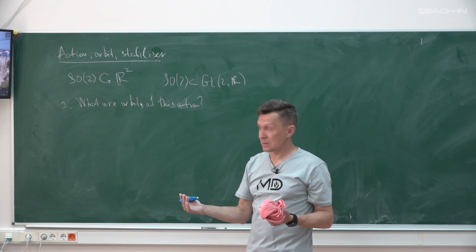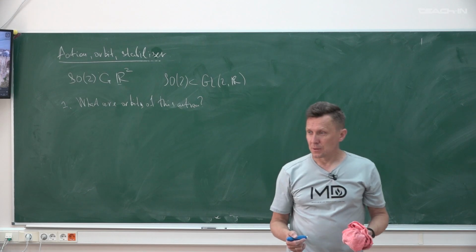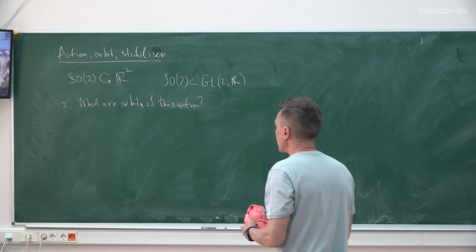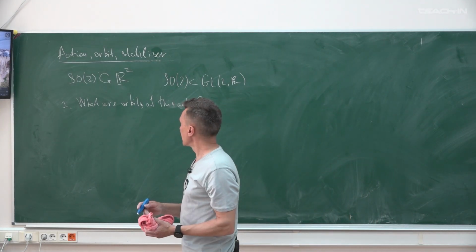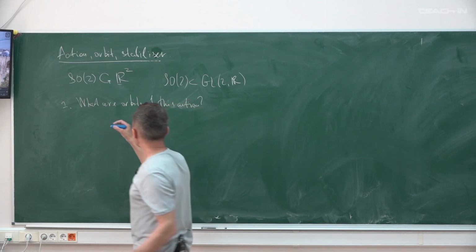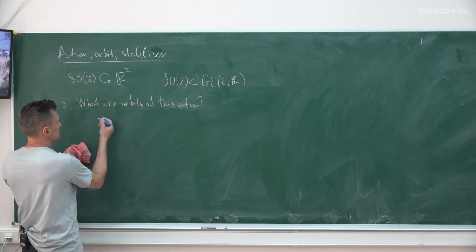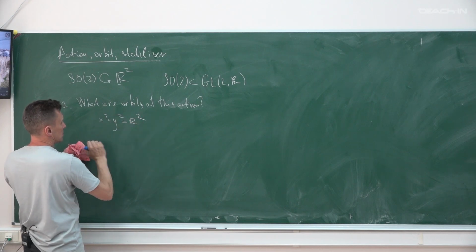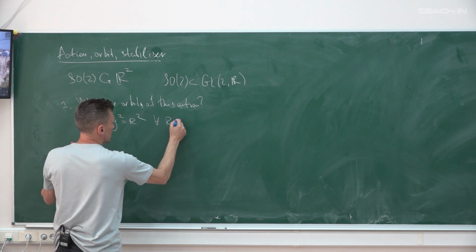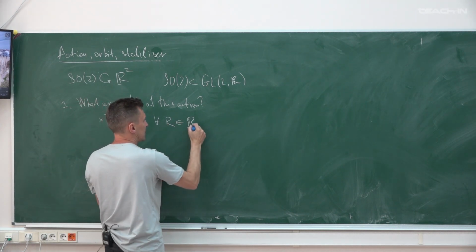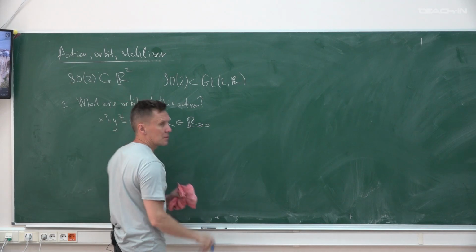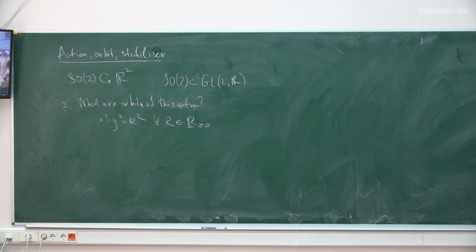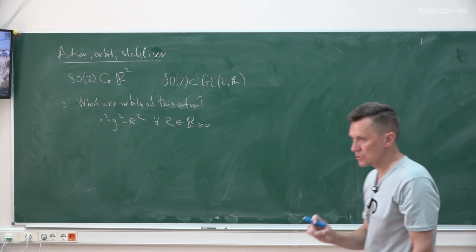Yes, that's right. But could we comment on it? So that's right. So the orbits are the circles, and even the degenerate circle, the point.